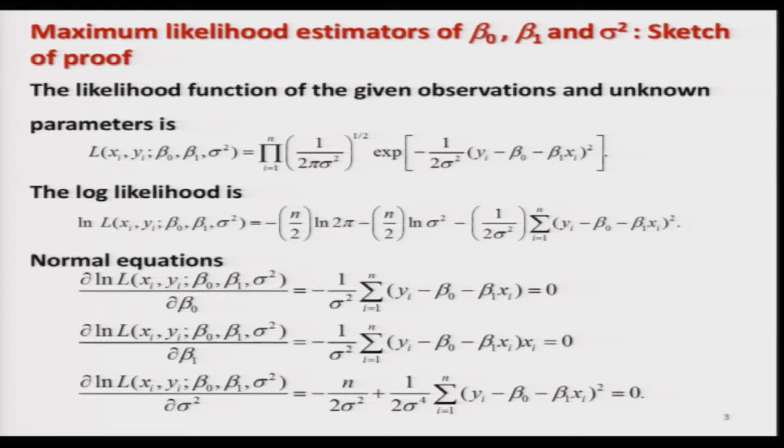One thing you have to remember is that when epsilon_i follows a normal distribution with mean 0 and variance sigma square, then the probability density function of epsilon_i will be given by 1 over sigma square root of 2 pi, exponential of minus 1 upon 2 ((epsilon_i minus mean 0) divided by sigma) whole square, where epsilon lies between minus infinity and plus infinity.